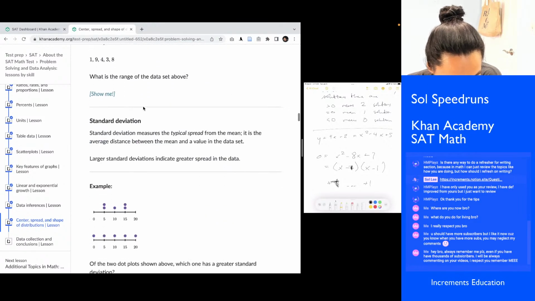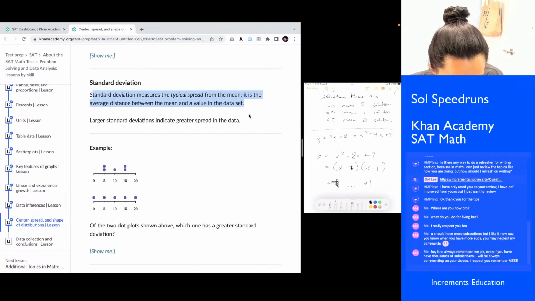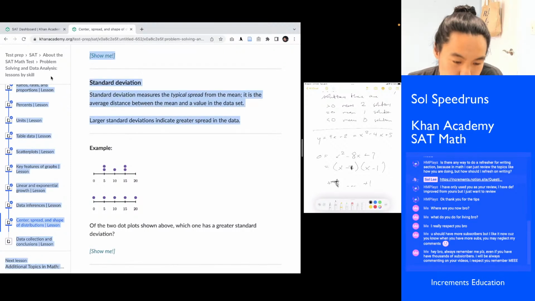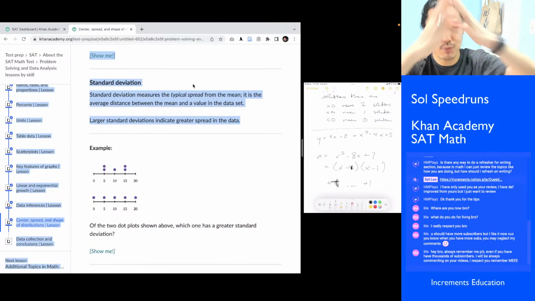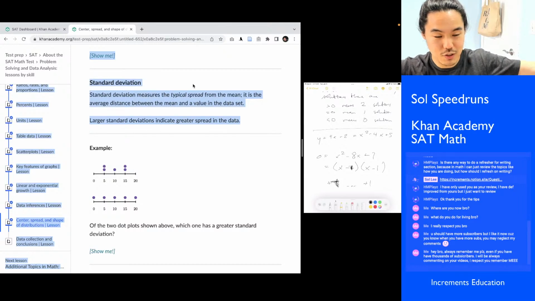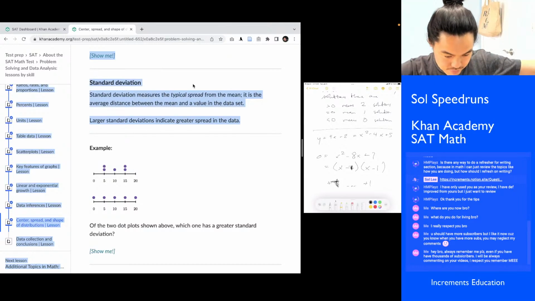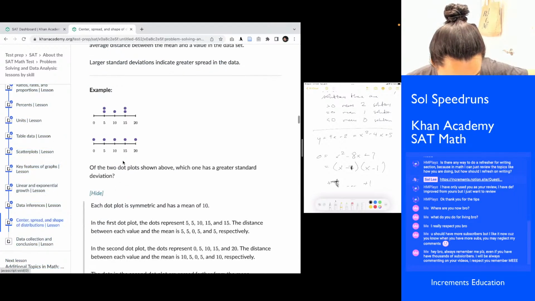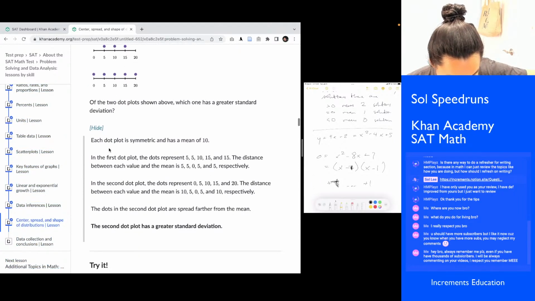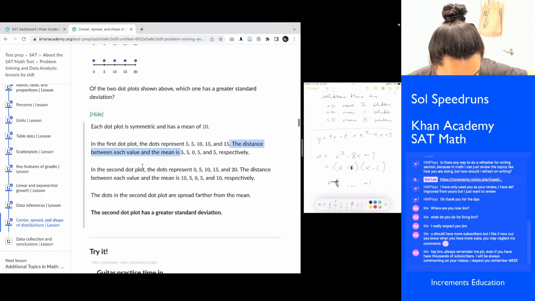Range is super easy, but standard deviation measures a typical spread. So a higher standard deviation means that it spreads out more, so it's flatter looking. So it has to be the second one.